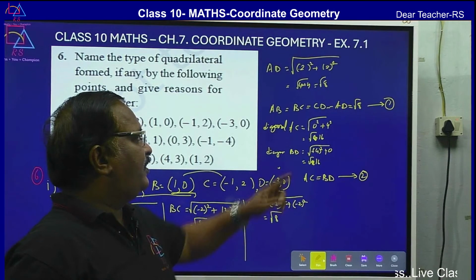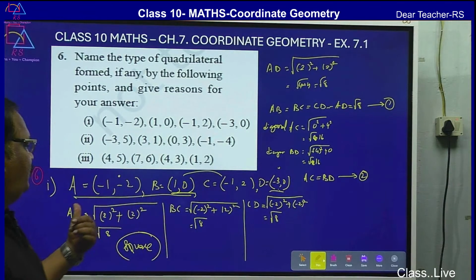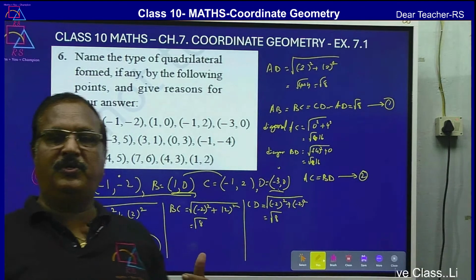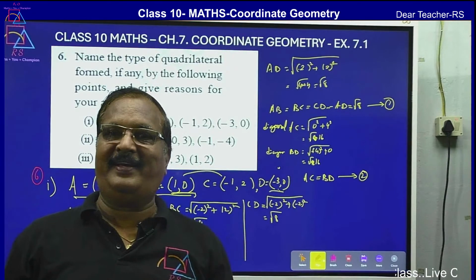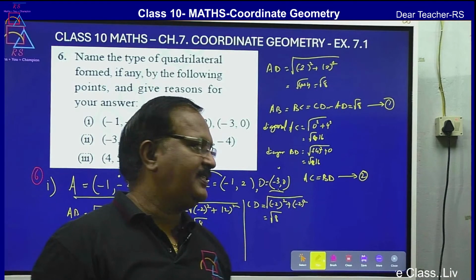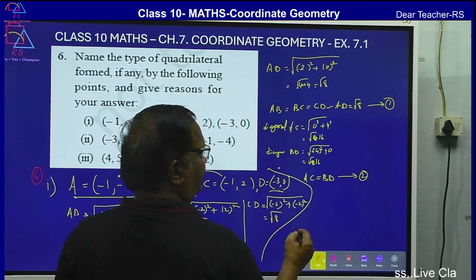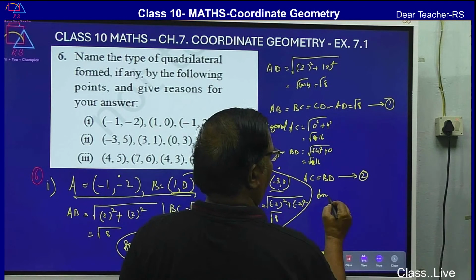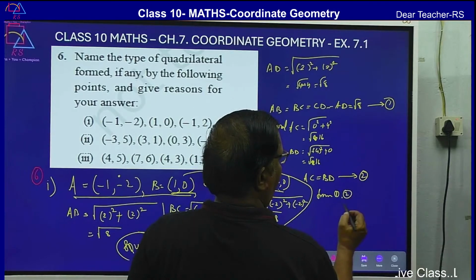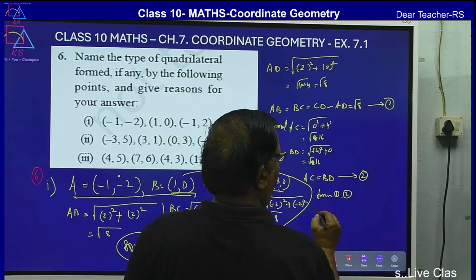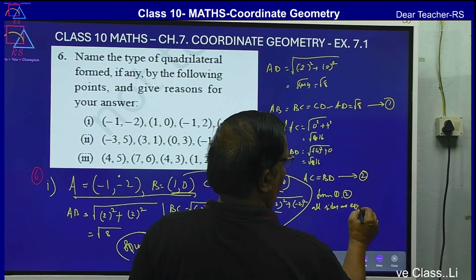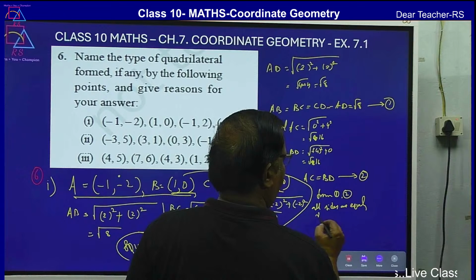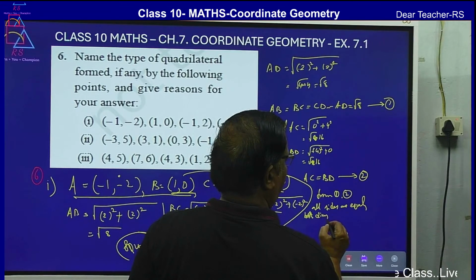So from 1 and 2, these four vertices belong to a square because two conditions are satisfied. You have to write it here: from 1 and 2, all sides are equal and both diagonals are equal.